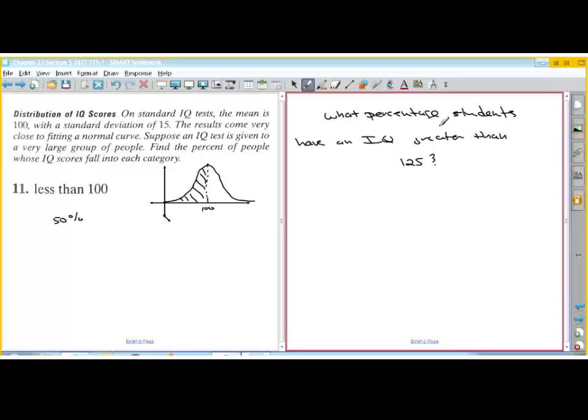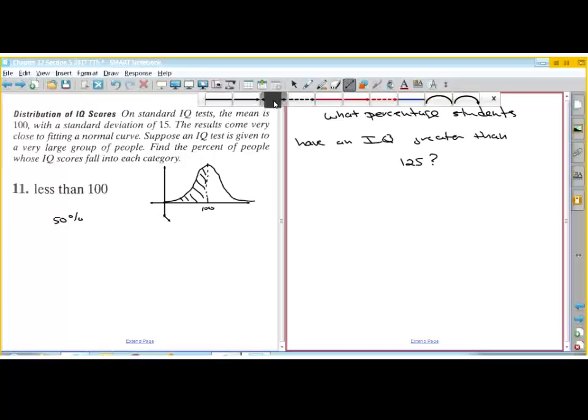Because that'll tell us what percentage of the population of students you would normally get. If you have 150 kindergarten students, how many would you expect to place in the gifted program if you set the limit at 125 for the IQ test? Now that's not the only thing they use to decide whether you're going into the gifted program, but this is one of them. So if you have to have at least 125 plus some other stuff, this will give you the maximum number of students you have.